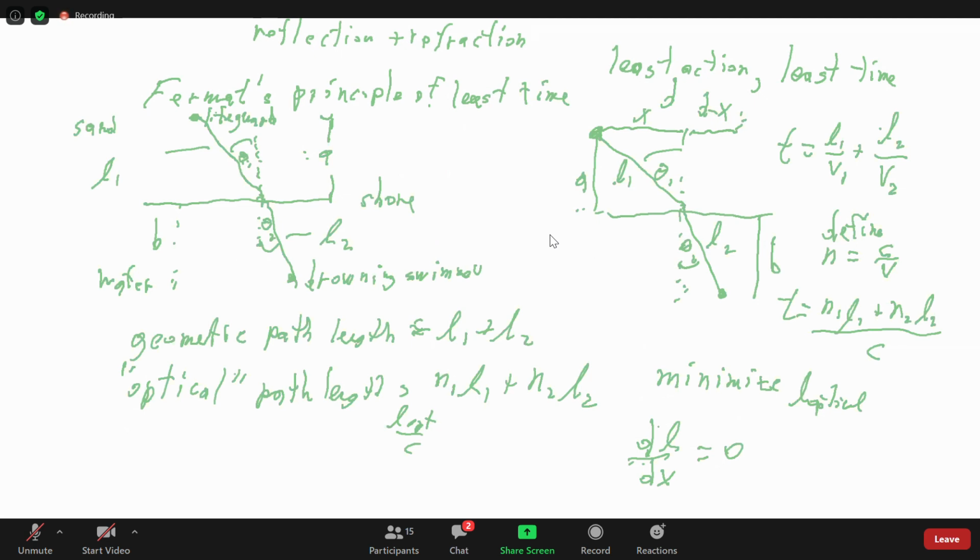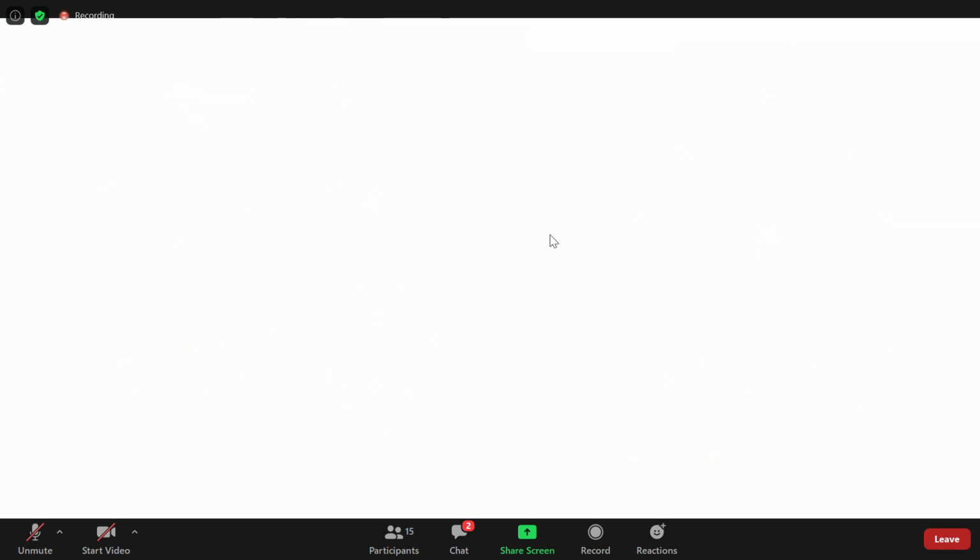So let me clear this. We want to minimize. First of all, we want to take the derivative of this thing, which is n1 times L1.